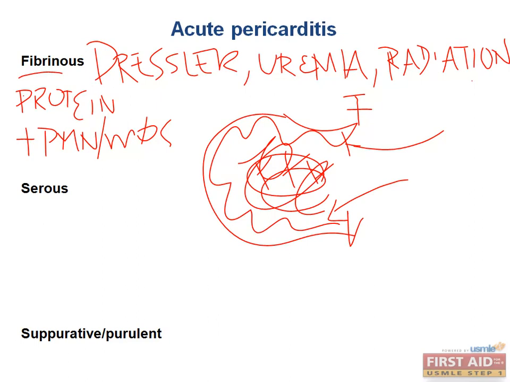Pleuritic usually means the pain associated with the movement of an irritated lung pleura. And this is a misnomer. The pleuritic chest pain that you see in acute pericarditis is not due to any sort of irritated lung pleura. Remember, nothing is wrong with the pleura of the lung in pericarditis. The thing is that when you breathe, you expand all structures within the thorax due to the increase in intrathoracic negative pressure.